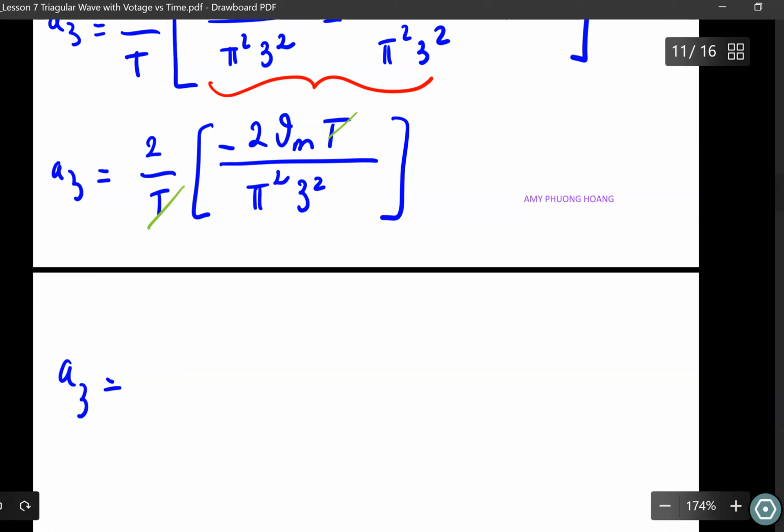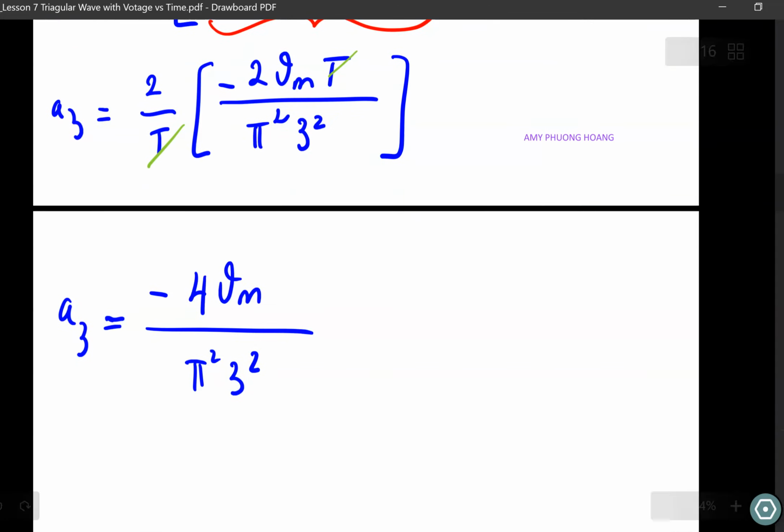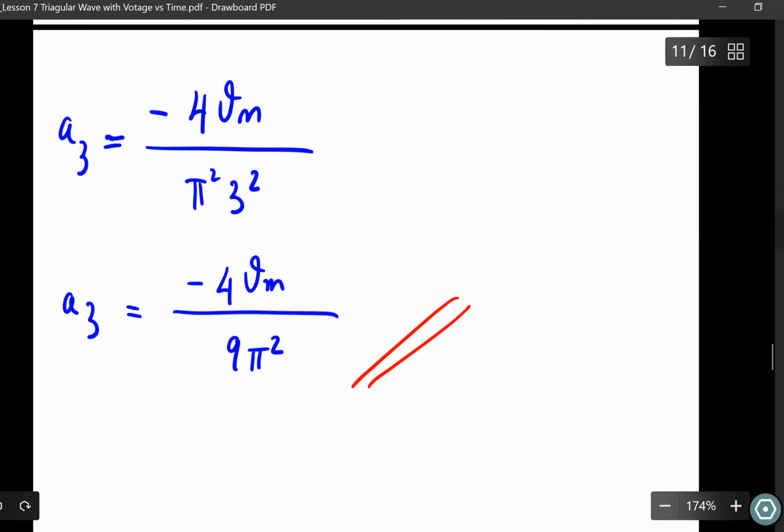What I have left now is negative 4 Vmax, the whole thing divided by pi squared 3 squared. Can I simplify any further? I cannot. So a3 in this case is minus 4 Vmax divided by 9 pi squared as the final answer.